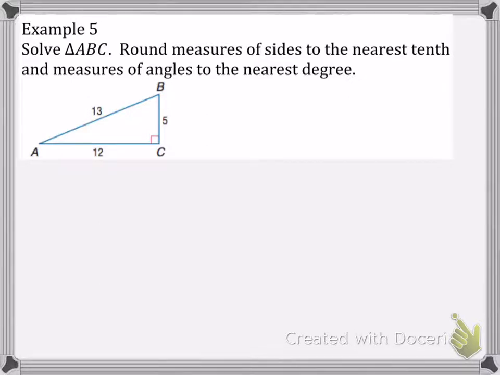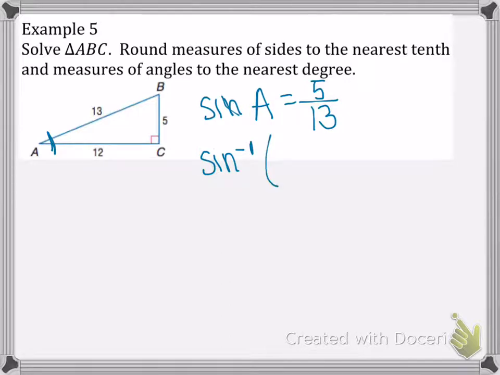Solve triangle ABC. So if I want to find angle A, let's say I want to use the sine function. So the sine of A is going to be opposite over hypotenuse. Now there should be a button above your sine that's in blue on your calculator that reads sine to the -1.